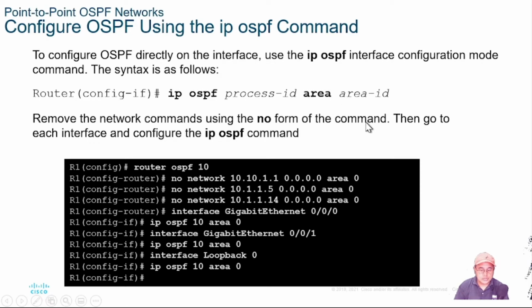In this case, since we are using single area OSPF, we will use 0. Now, if you already used the first method, all you have to do is issue the no command to remove the first method before you can apply this method of directly configuring the network using the ip ospf command.